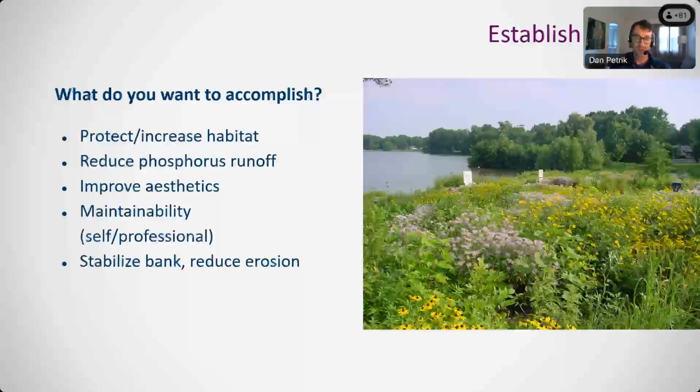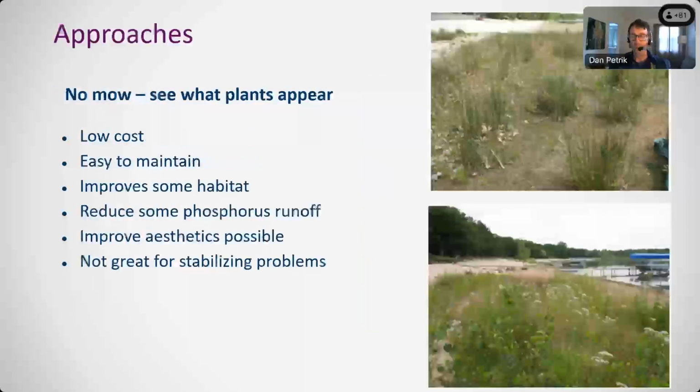So here are some approaches from very simple to more complicated. At the very simple end of that spectrum is a no-mow approach. You simply, as it sounds like, you stop mowing and see what happens. You know, it's a very low cost operation. It's easy to maintain. You'll get some improvement in habitat, most likely. You may have some reduction in phosphorus.